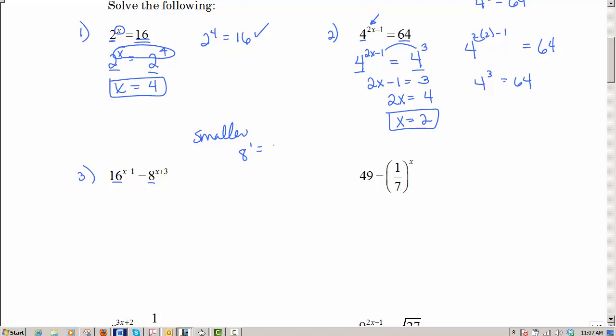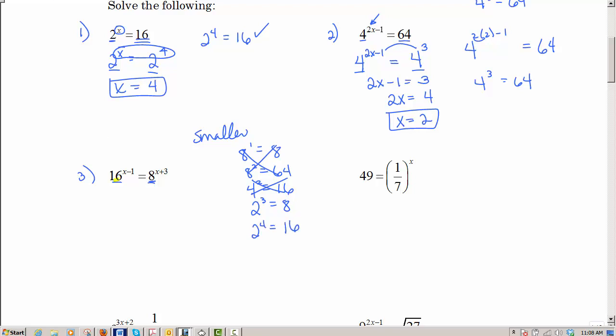Well, 8 to the 1st power is 8. 8 squared is 64. So I don't think base 8 is it. Can I go something smaller? Well, base 4? No, 4 squared is 16, can't get to 8. Go smaller. What about 2? I know 2 cubed is 8, and 2 to the 4th power is 16.